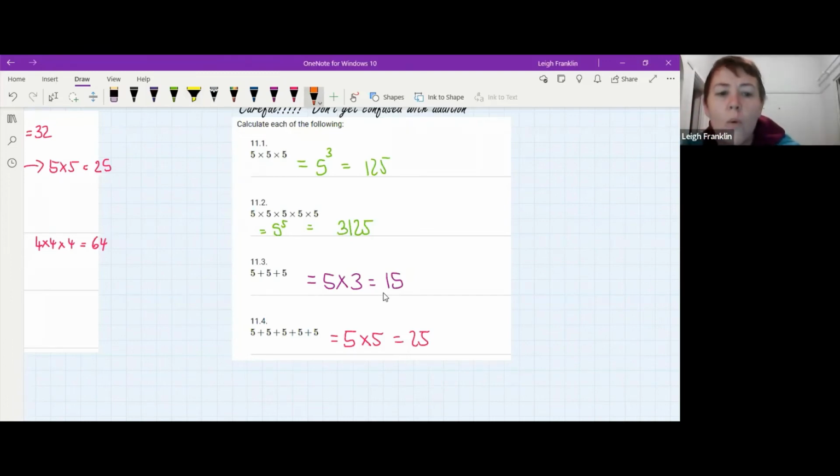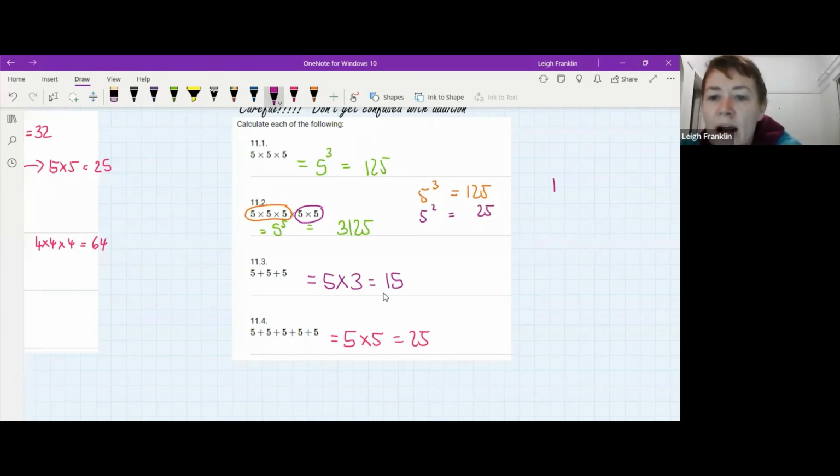If we take 5 and multiply it by itself 3 times, we get 125. 5 times 5, which is 5 to the power of 2, gives 25.